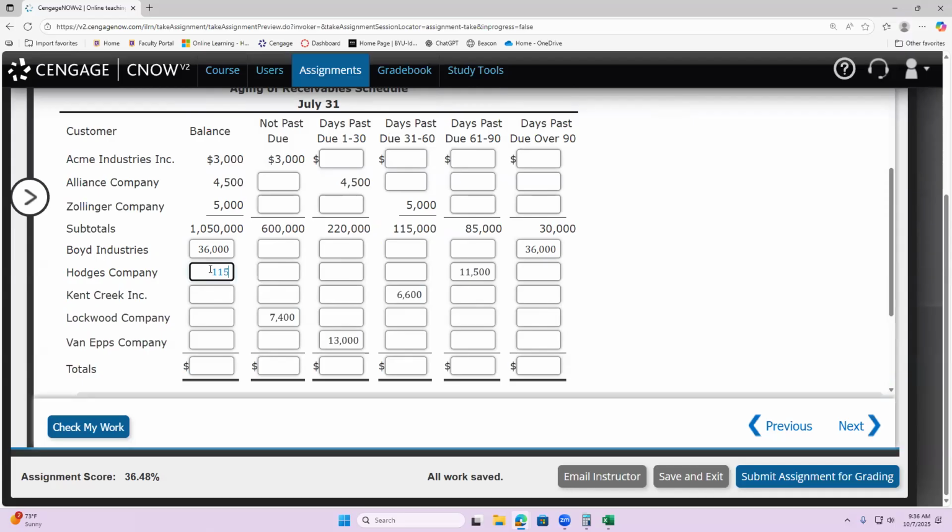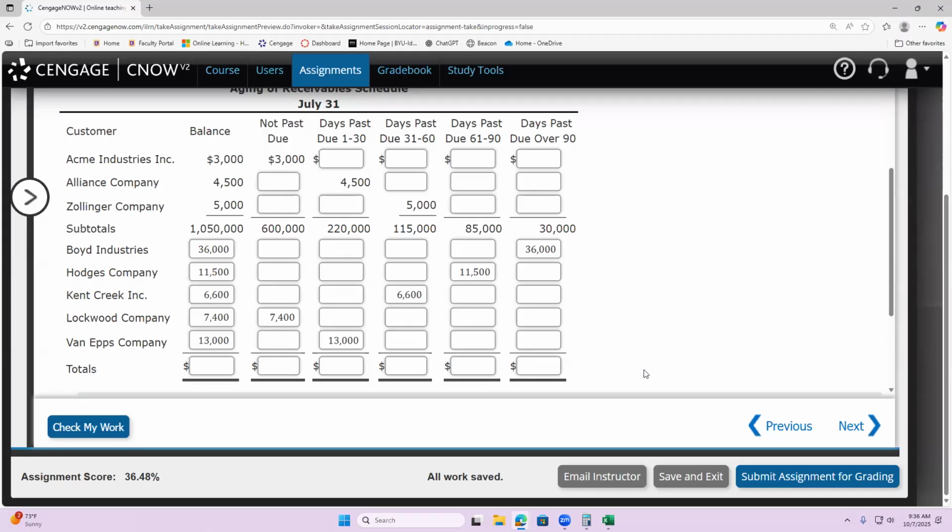So Hodges, 11,500. In other words, that's the total amount each of those companies owes me in the balance. And then over here on the right of it, we're breaking down how many days past due that is.